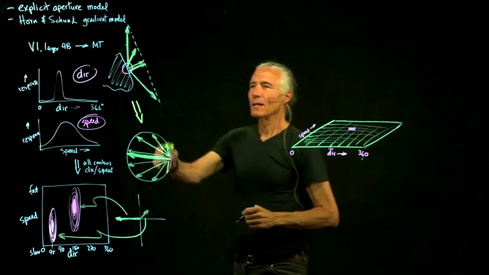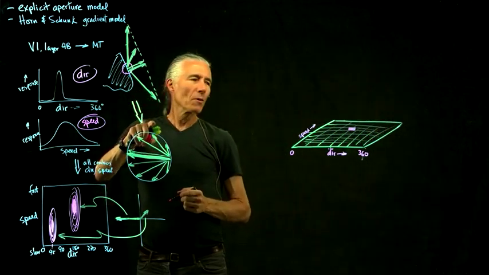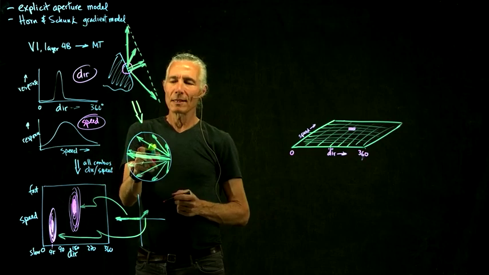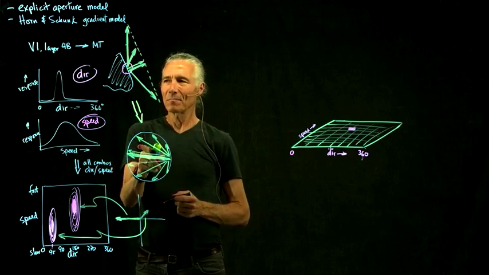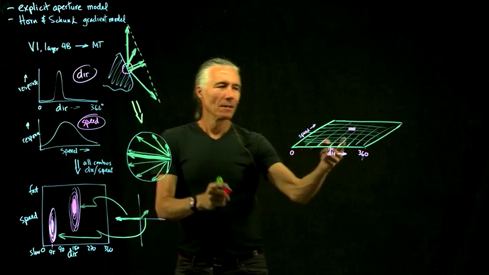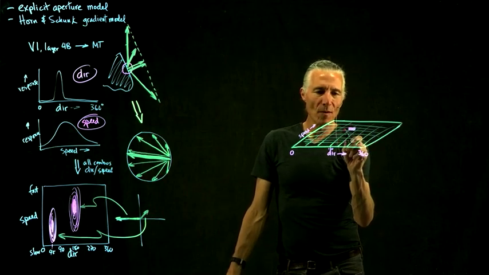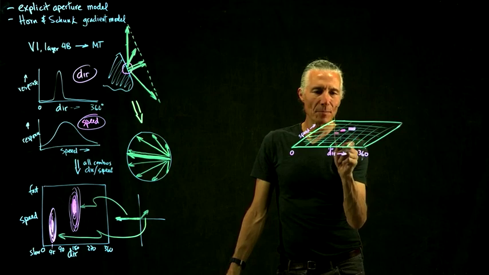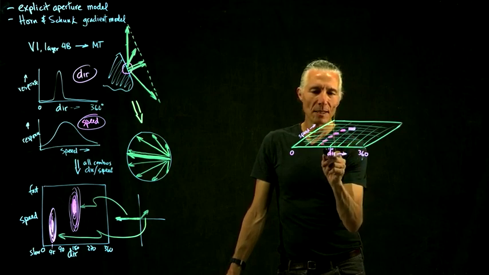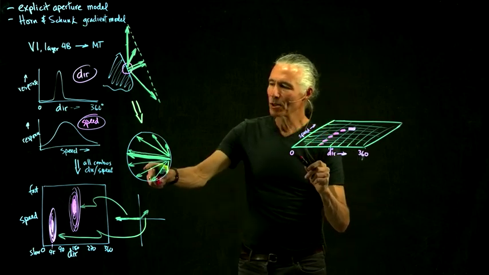Now what we want to do is draw this diagram out explicitly across all the units. As we move off to the side, the units respond to lower speeds.